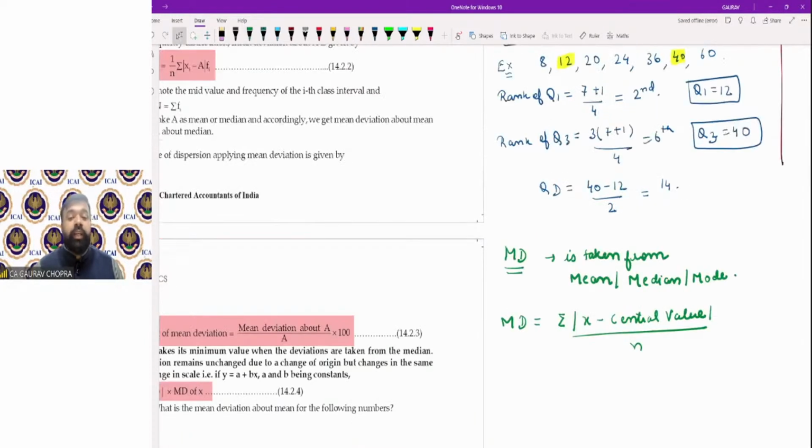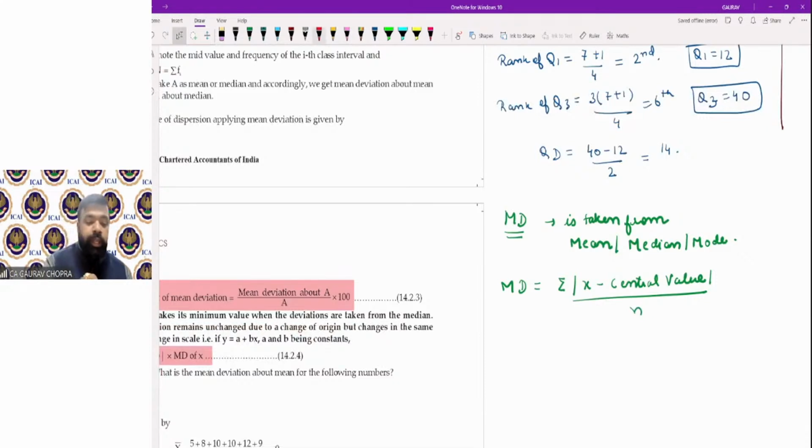Now, what is the central value? What does central value mean? Central value means it can be the mean, or it can be median, or it can be mode. So if mean deviation is taken from mean, then the formula will be sigma mod x minus x bar upon n.